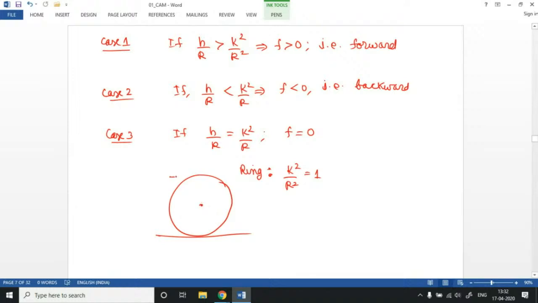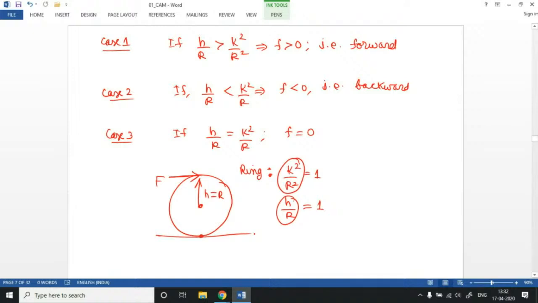If we apply a force on the periphery, h will be equal to R, so h by R is equal to 1 as well. So k square by R square equals h by R, and at the point of contact no friction is required for rolling. Even if the surface is smooth, the rolling will happen.